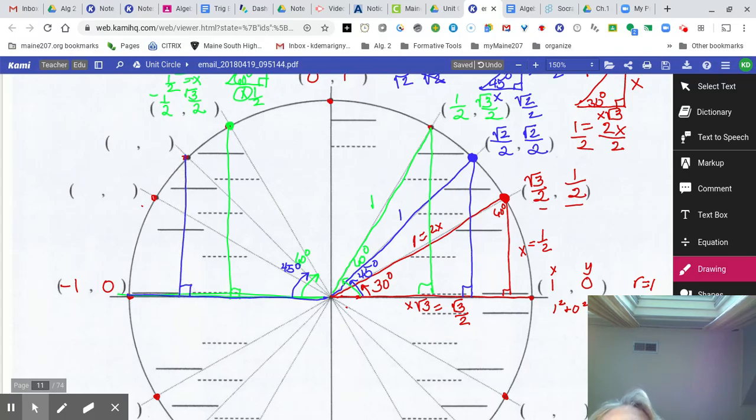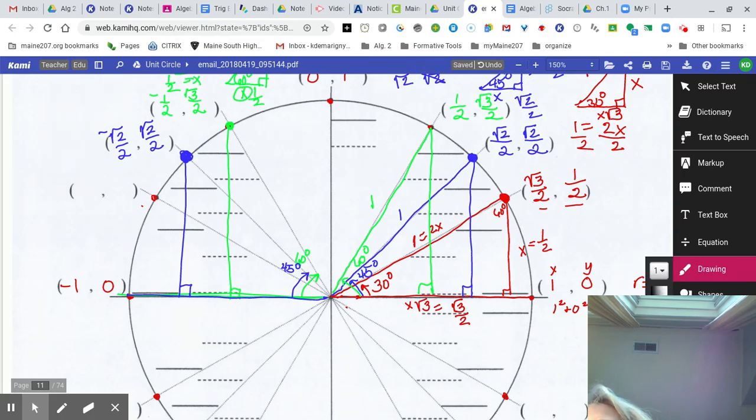If I know what my reference creates in the first quadrant, then I'll know what it creates in the second quadrant. So this ordered pair is the square root of 2 over 2 and the square root of 2 over 2. However, remember that you moved left and up. So this is a negative square root of 2 over 2 and a positive square root of 2 over 2.